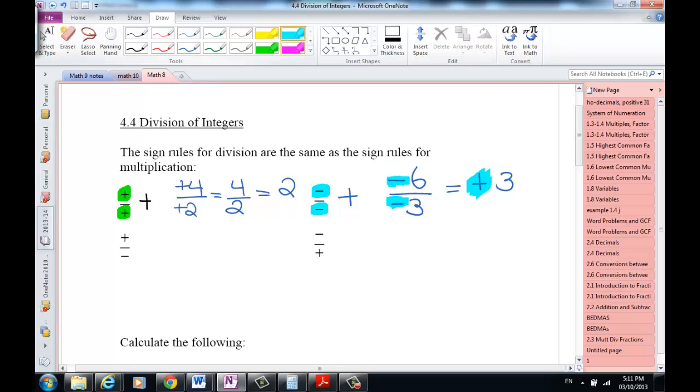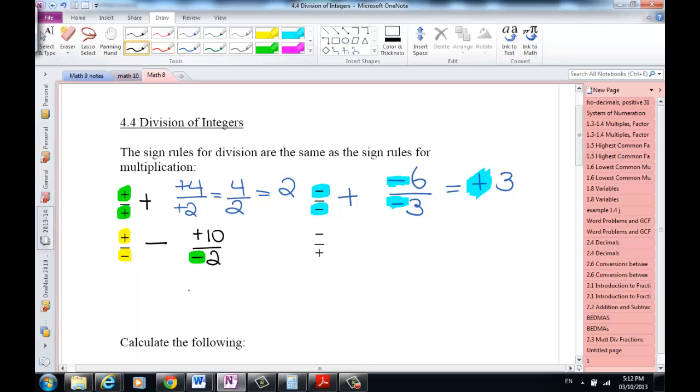Alright, now what about if we have opposites? So here we have a positive and a negative. Well, the negative is just a sign change, so it's just changing the direction or the sign. It only happens once in this one, so our answer is going to be a negative. So for example, if I had positive 10 divided by negative 2, you generally won't see the negative on the bottom.